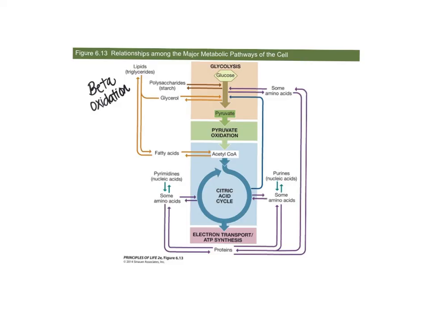In the case of the breakdown of proteins, a process called deamination, several of the amino acids can enter in or be converted into products of the citric acid cycle. Some of the amino acids can even be brought in at the point during glycolysis.